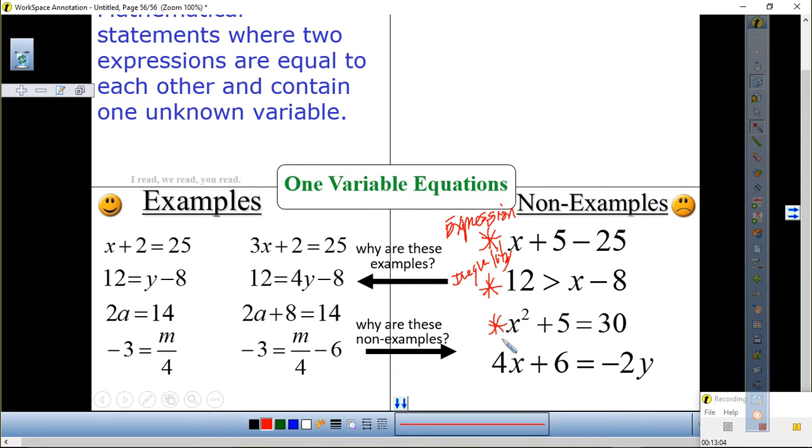She said, because it has an exponent. Let me stop you right there. What would you add to that? It has an exponent. Look at these, and look at this. It has an exponent.